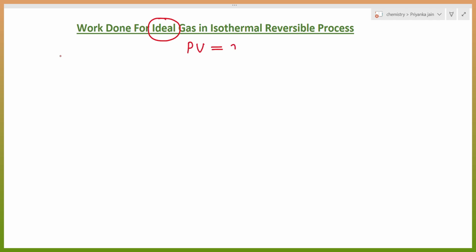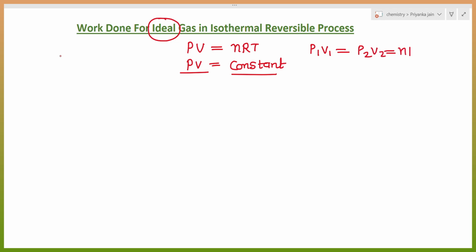It means PV is equal to nRT, or we can say PV is equal to constant. So one thing you should remember, whenever PV is equal to constant is given, it means we can use here the term P1V1 is equal to P2V2 and this is equal to nRT. So whenever nRT is not given, then you can use P2V2 or you can use P1V1. One thing is clear?